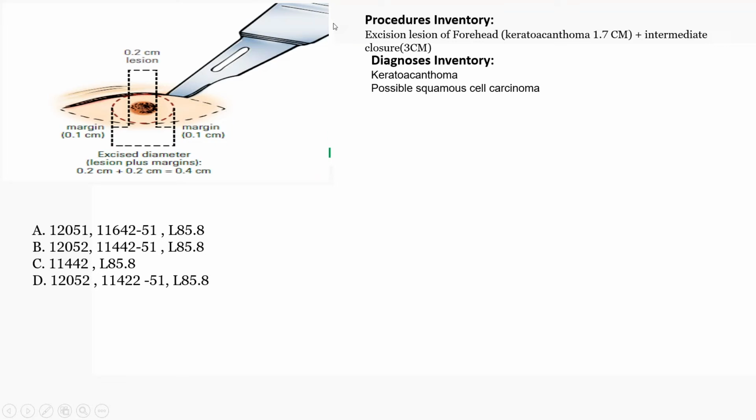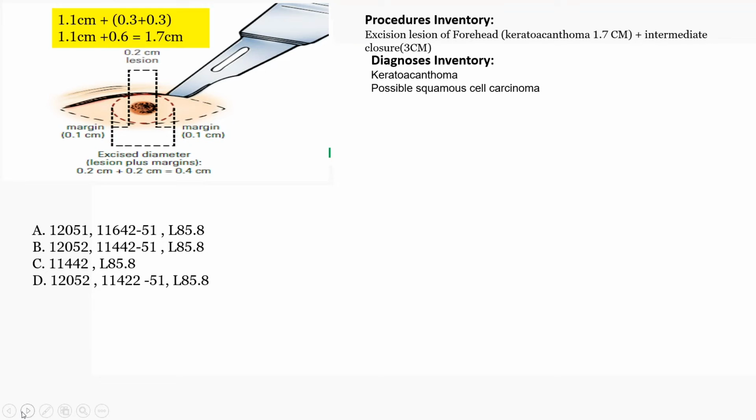Doctors won't be cutting out just the exact diameter of the lesion. They will be leaving certain margins on either side. So the sum of the margins with the lesion diameter is the total excised diameter. In our scenario, the margins were 0.3 centimeter on each side.